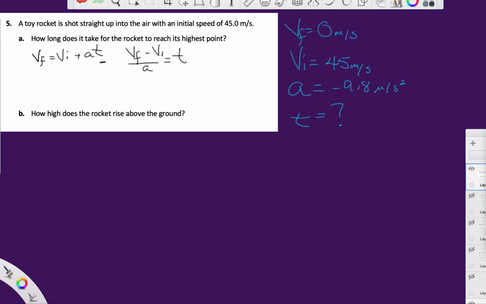So I'm going to actually do this problem right underneath here. So 0 meters a second minus 45 meters a second divided by negative 9.8 meters a second squared. So 45 over 9.8.